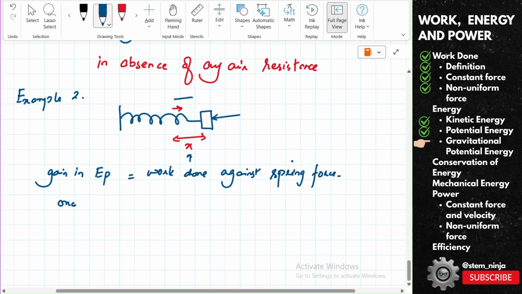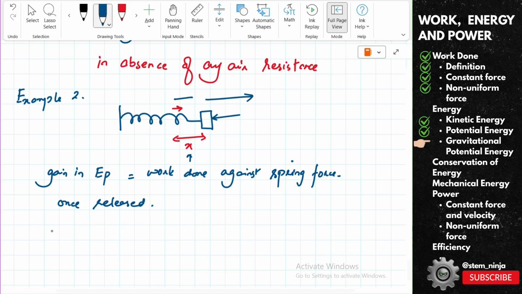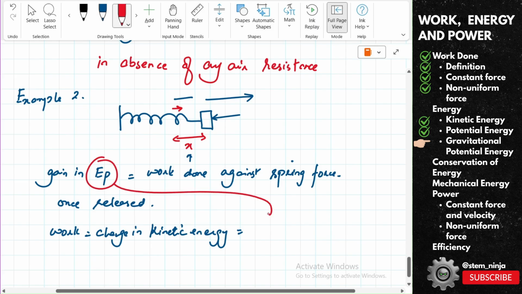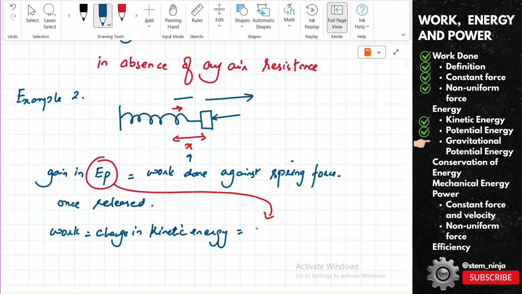However, once released, the work, which is equal to the change in kinetic energy, is going to be equal to the same EP that was stored. Elastic potential energy.